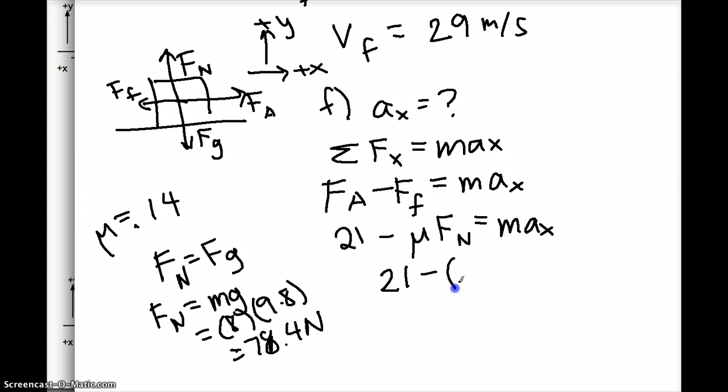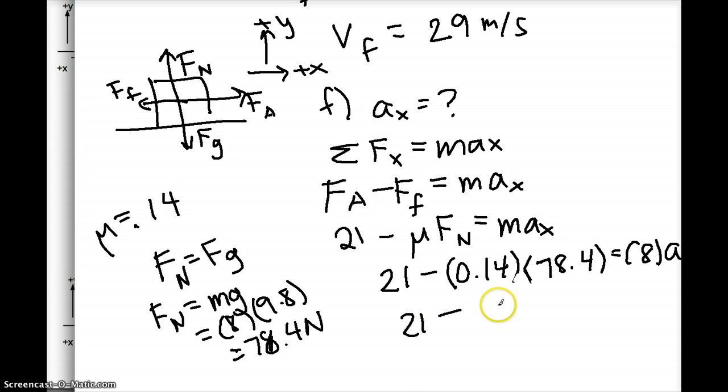So 21 minus 0.14 times 78.4 is equal to the mass, 8, times acceleration. This is 21, and multiplying these two together gets me 10.98, and that's equal to 8a.